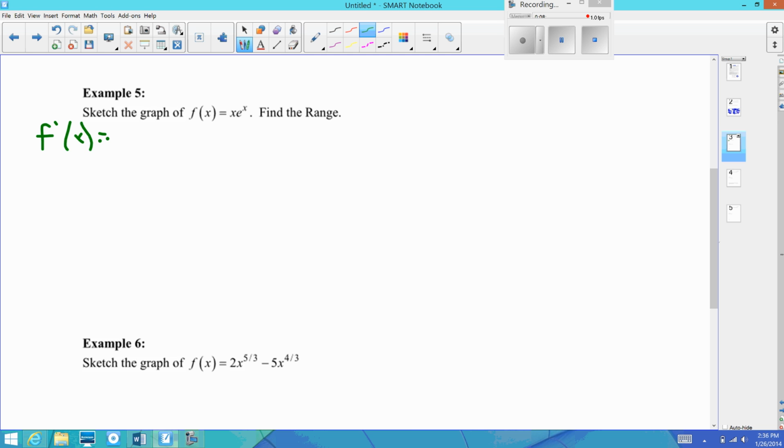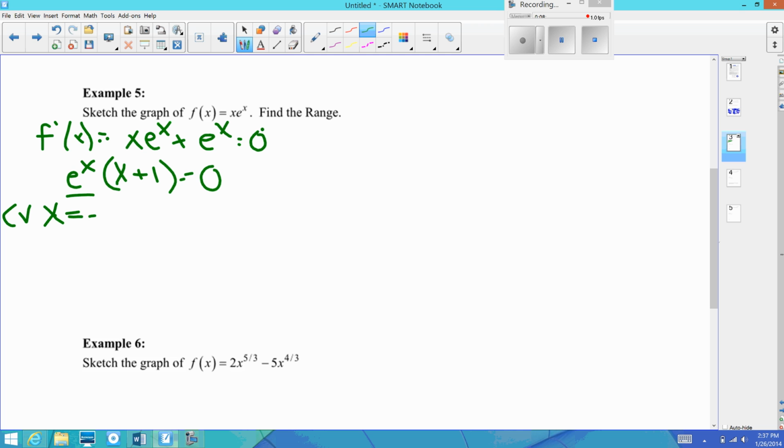First times the derivative of the second plus the second times the derivative of the first. If I find any critical values, I could factor out e to the x, and I get x plus 1 left over. This is never going to equal 0, and it's always defined. So we're going to have a critical value at x equals negative 1.